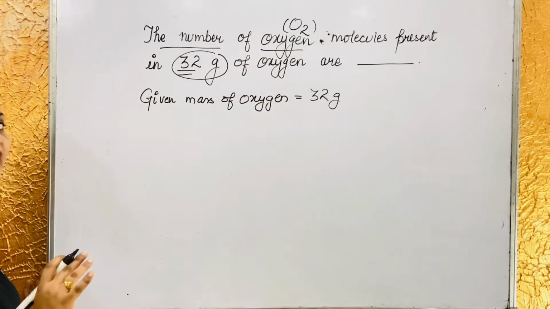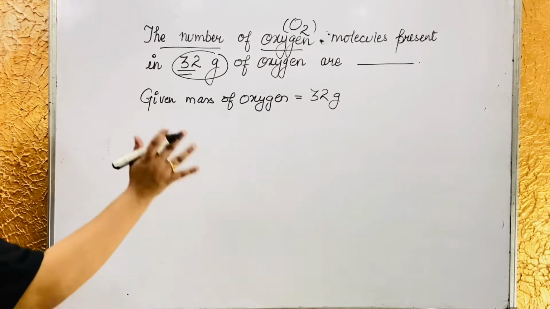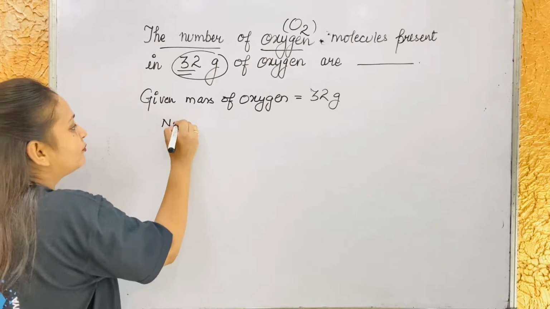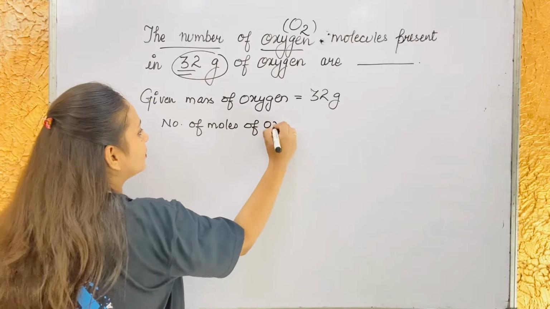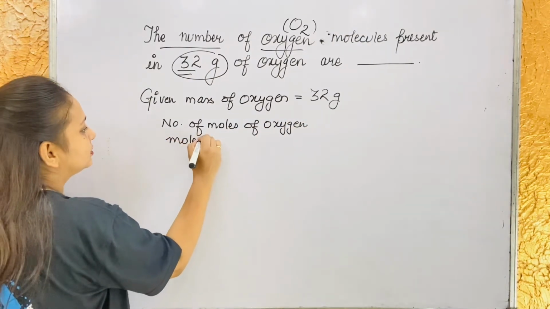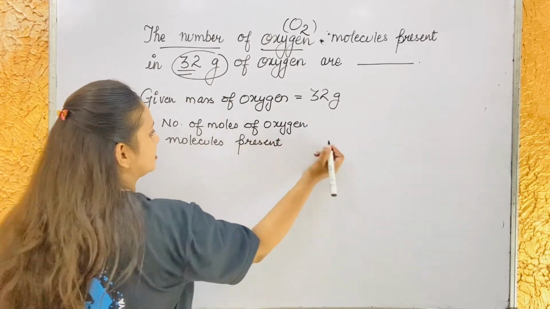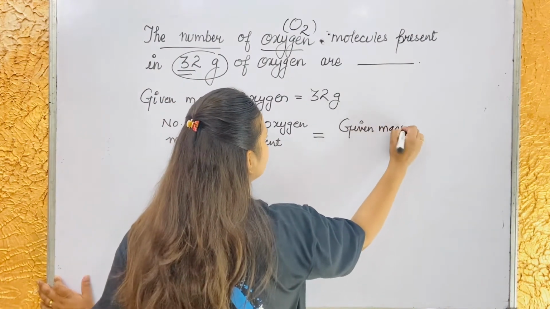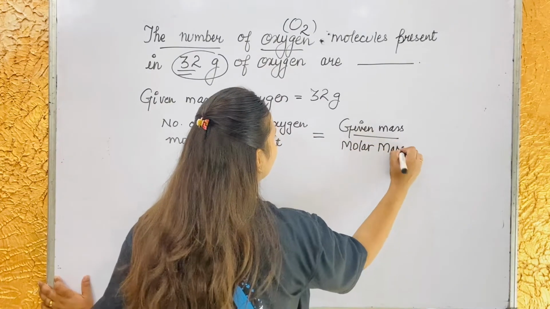At first, we will find the number of moles of oxygen molecules present in 32 grams of oxygen. So what is the formula for calculating number of moles? Number of moles of oxygen molecules present will be equal to given mass upon molar mass.